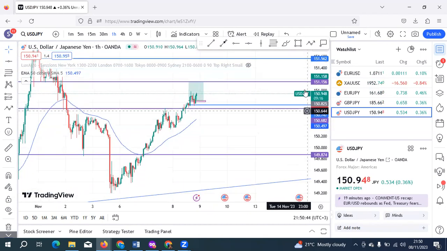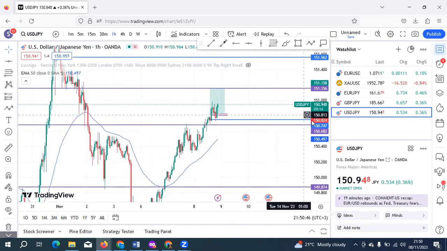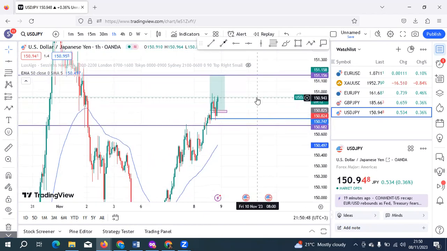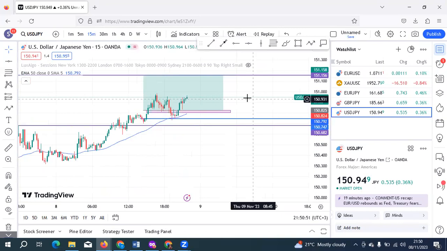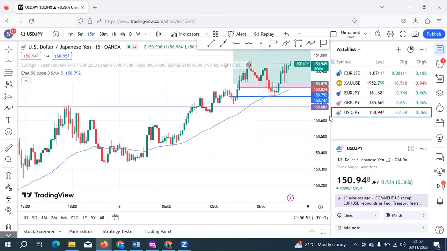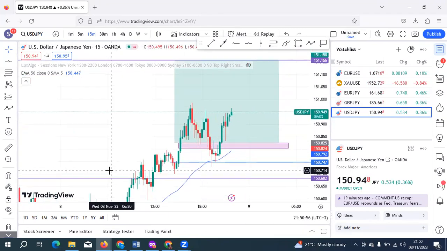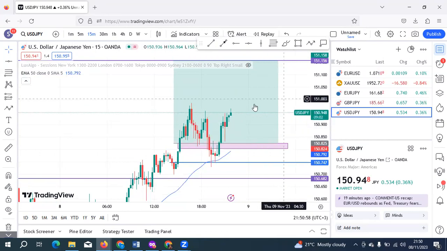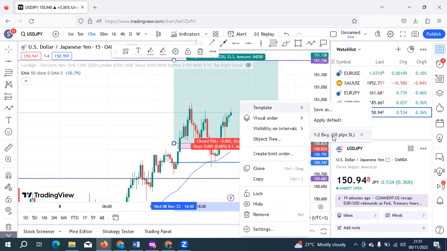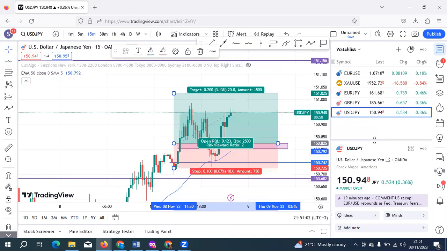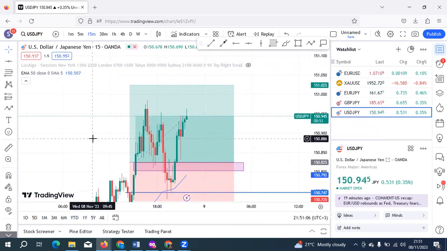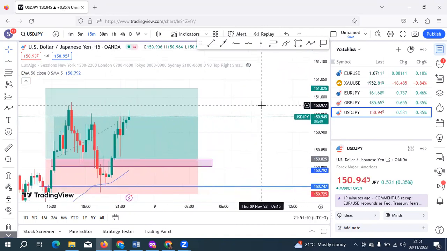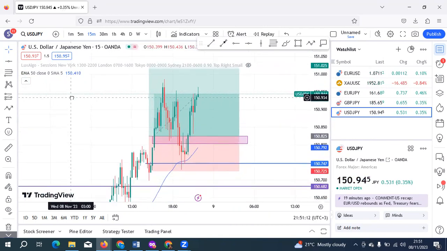I'm very sure this USD JPY trade is going to hit all my take profits. Take a look at this. If we're looking at the 10 to 20 stop loss, we will be. This strategy is so precise, man. Like, so precise. So precise, my guys.